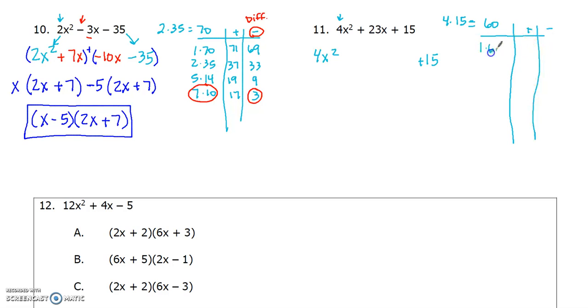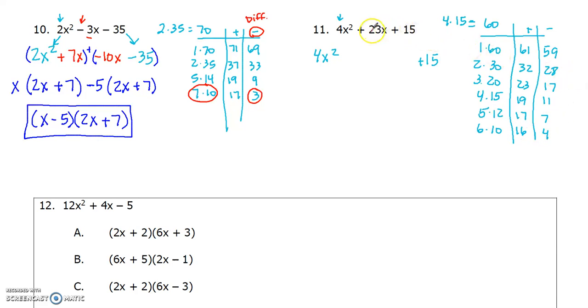So I have 1 times 60, 2 times 30, 3 times 20, 4 times 15, 5 times 12, 6 times 10. Adding and subtracting for each pair.